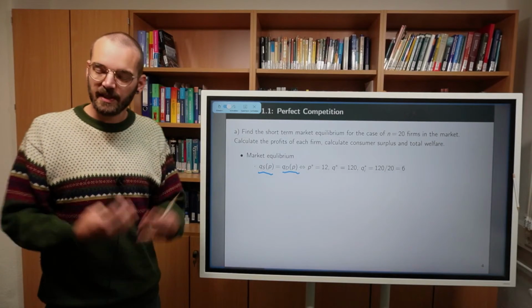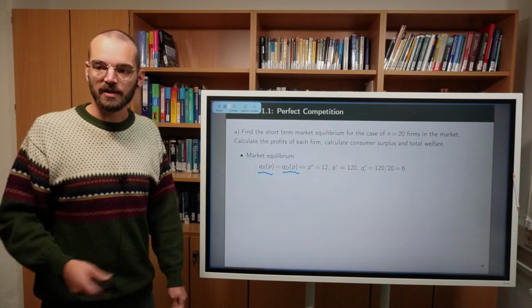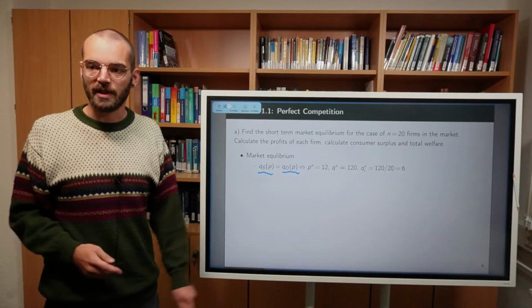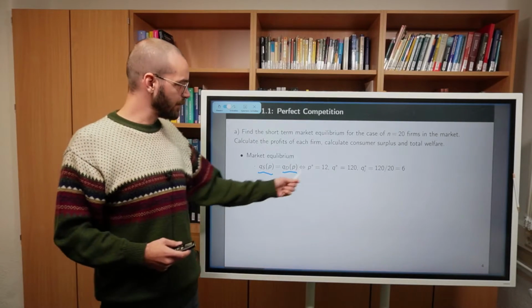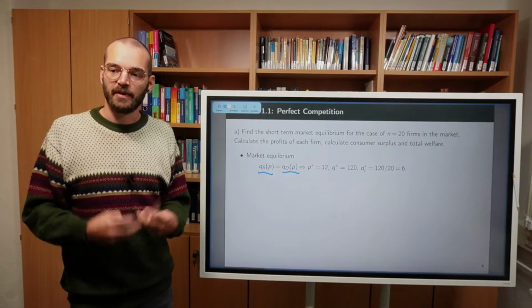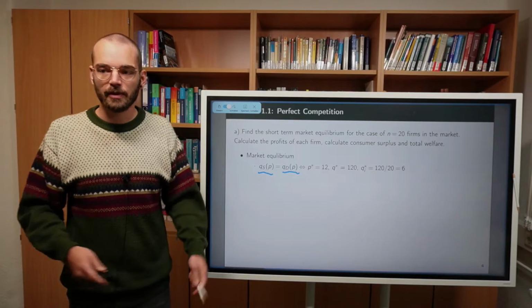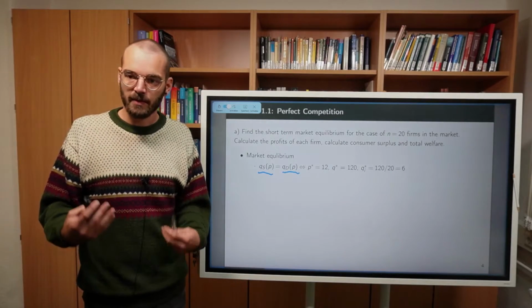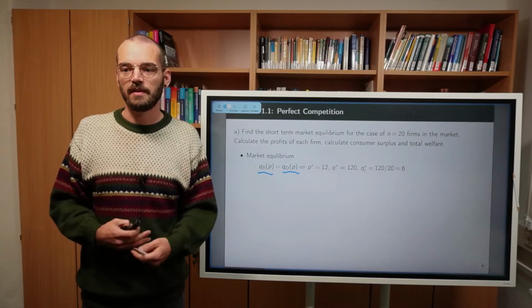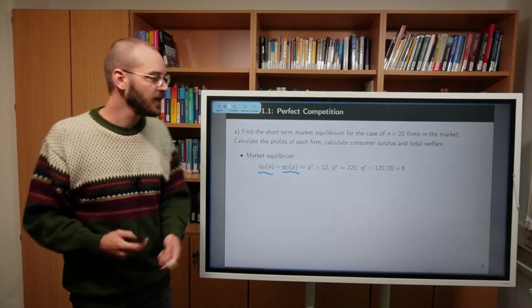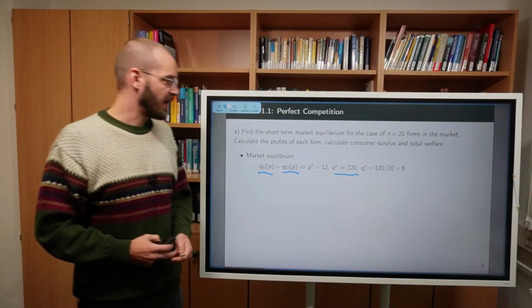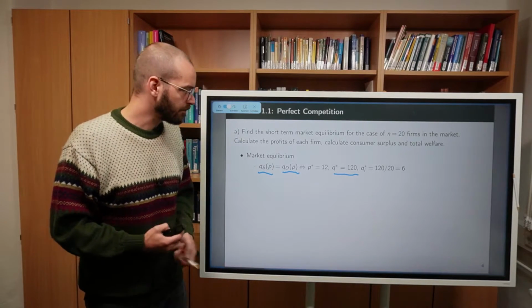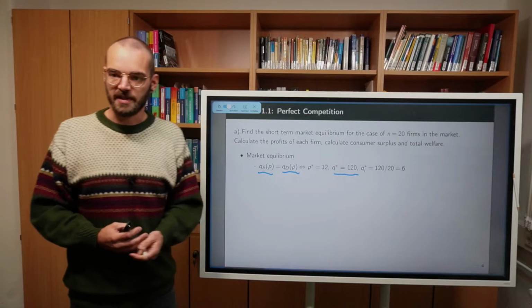So we can simply set them equal, solve for P or Q, you can choose, and find out that the price in equilibrium must be 12. And with an equilibrium price of 12, we of course know by putting this into either the demand or the supply function, we know that the equilibrium quantity in the market will be 120.